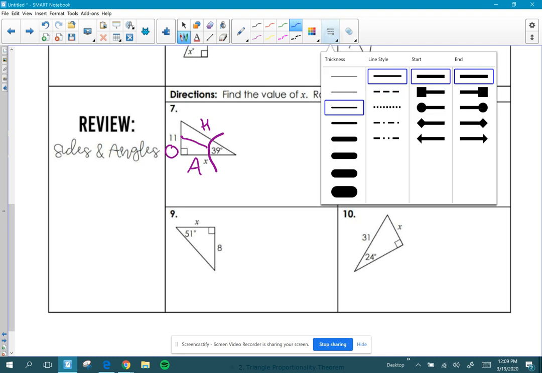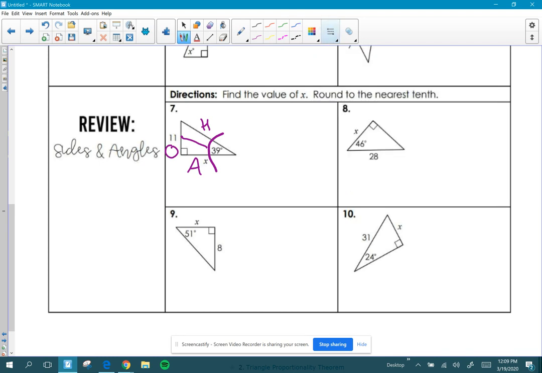Then the next thing that we want to do is circle the information that we have. So remember, the information that you have could be a number for the side length. It could be this 11, or it could be a variable, because that's what we're looking for. So we do still have information there.